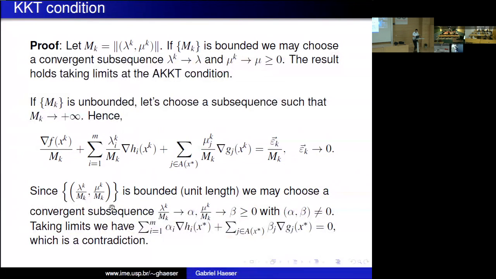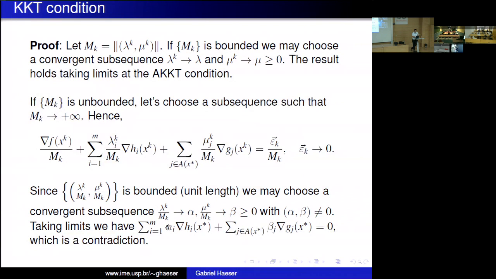These sequences are bounded, because I had this initial sequence lambda k, mu k, and I divided it by its norm. So in particular, this sequence has norm 1 for every k. It's a unit length bounded sequence, so we may choose a convergent subsequence.